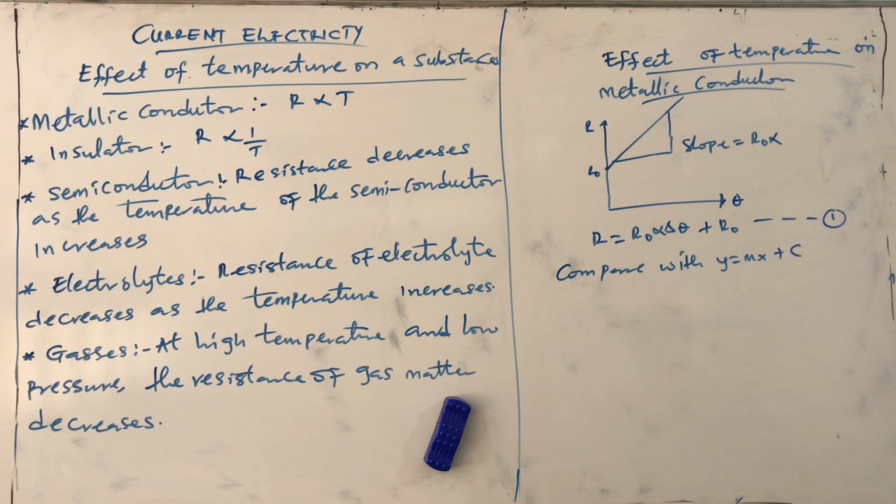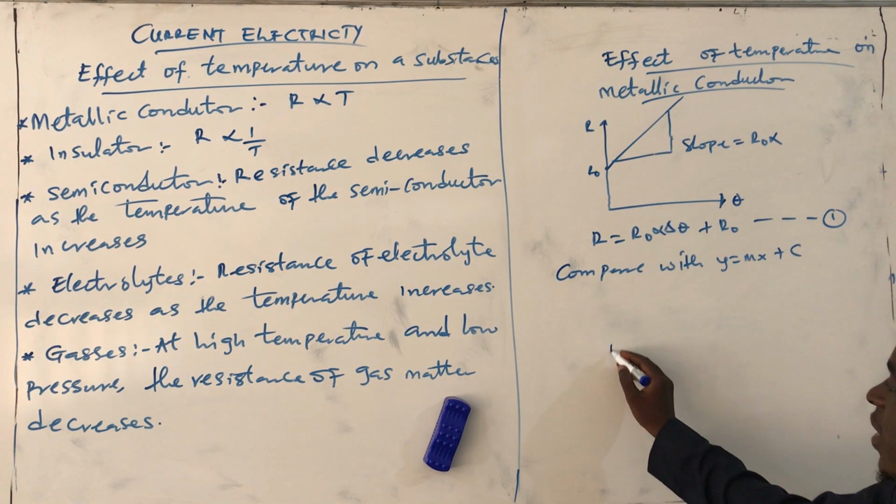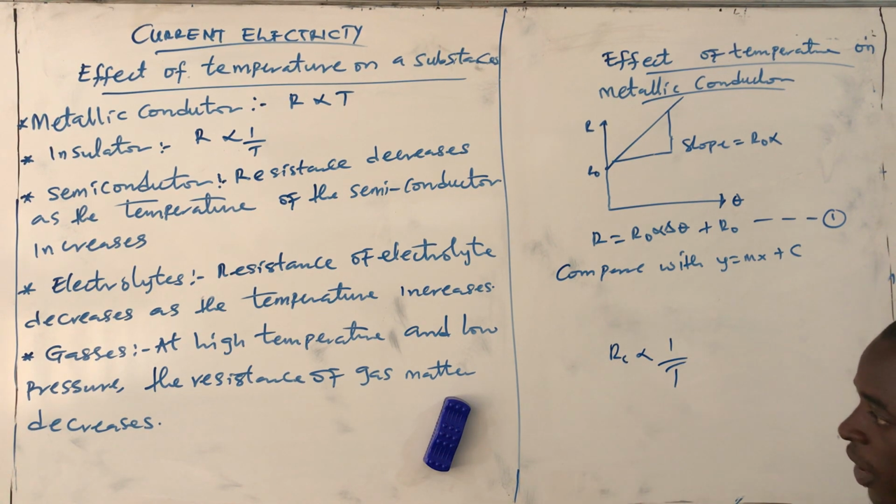For semiconductor, the resistance decreases as the temperature increases, so it is also inversely proportional there. In the case of electrolyte, the same thing. The resistance of electrolyte decreases as the temperature increases, so the resistance of electrolyte is also inversely proportional to the temperature applied to it.